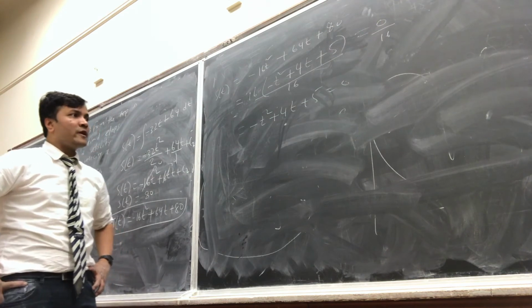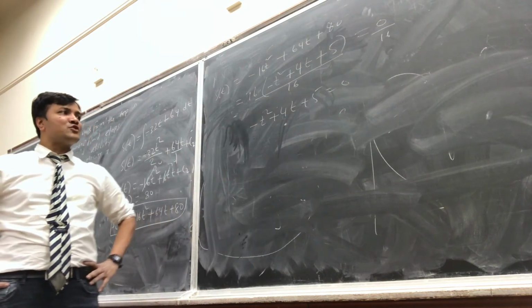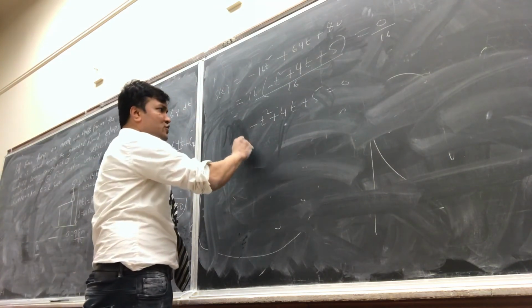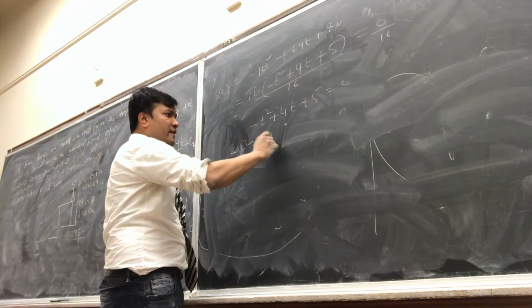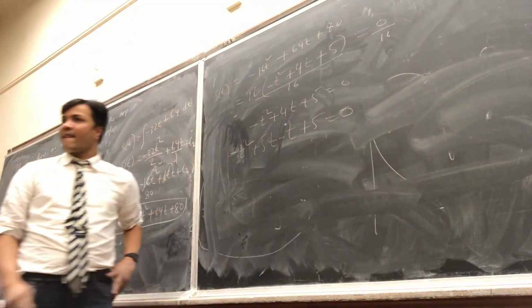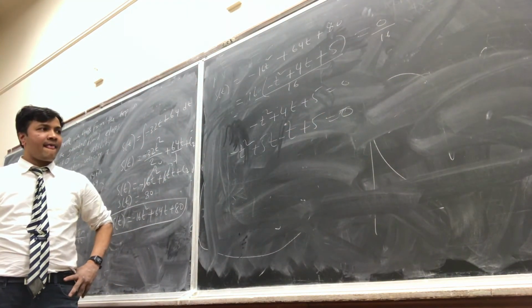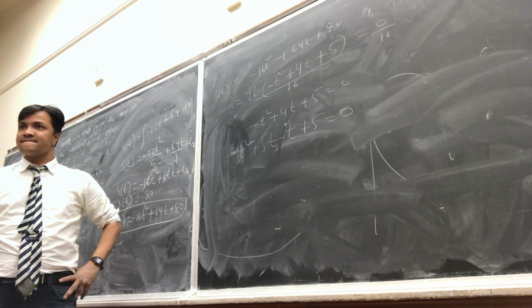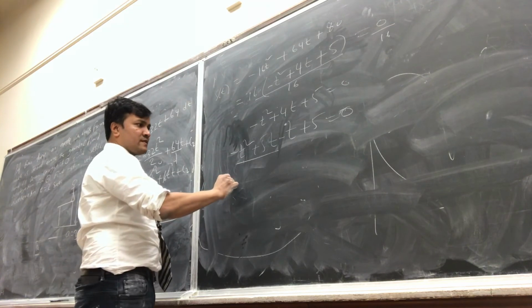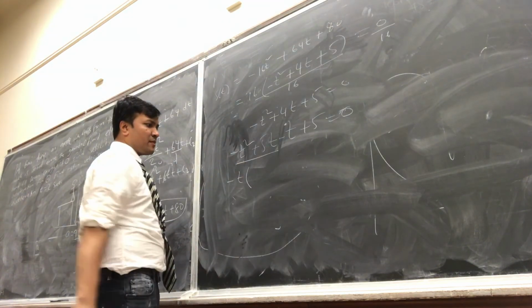Okay, now what are you going to do? Now it is easy. You don't have to use the quadratic formula. You can use anything you want. Minus t squared plus 5t minus t plus 5 is equal to 0. Is that okay? Yeah. So what is the common factor? Minus t is the common factor.